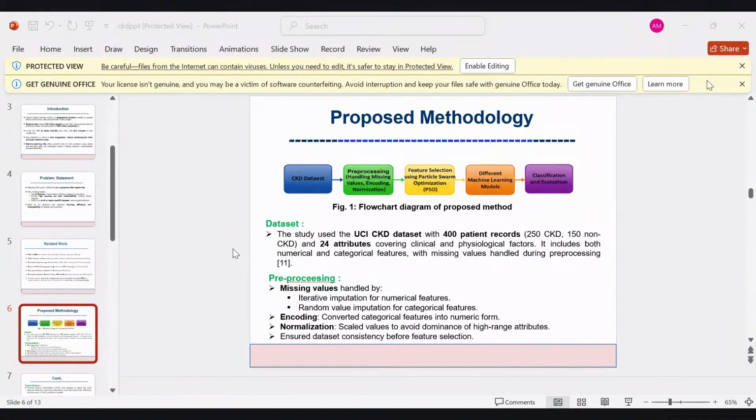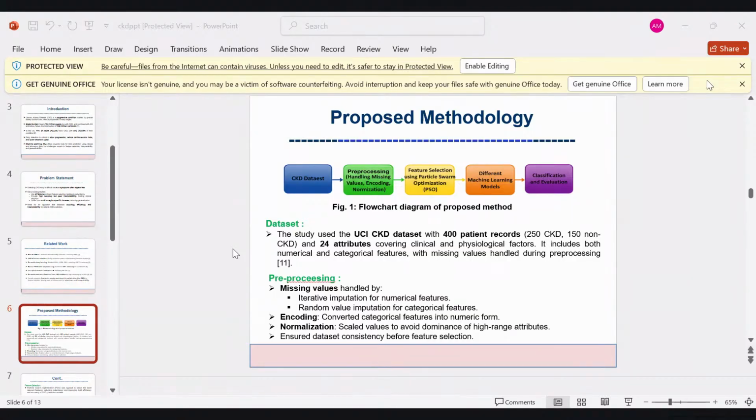In my model, we have taken the dataset of 400 patients with 24 attributes. 250 were suffering from CKD and 150 were not suffering from CKD. They were completely well. Then we applied particle swarm optimization feature selection, which is the heading of our paper.